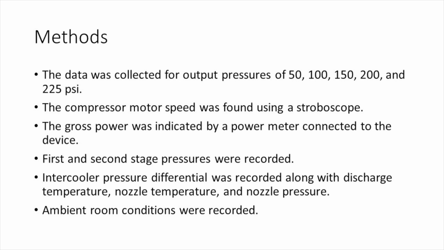The gross power was reported by a power meter. The first and second stage pressures were reported by a pressure gauge. The intercooler pressure differential was recorded along with discharge temperature, nozzle temperature, and nozzle pressure. Along with all of this, ambient room conditions were also recorded.